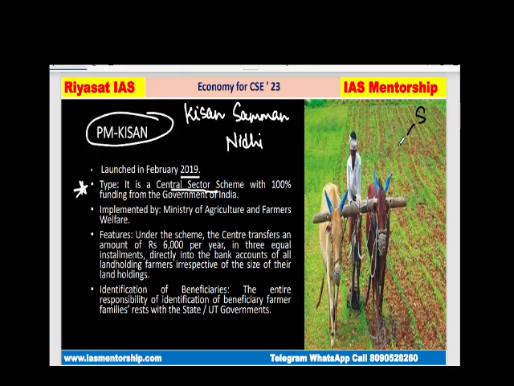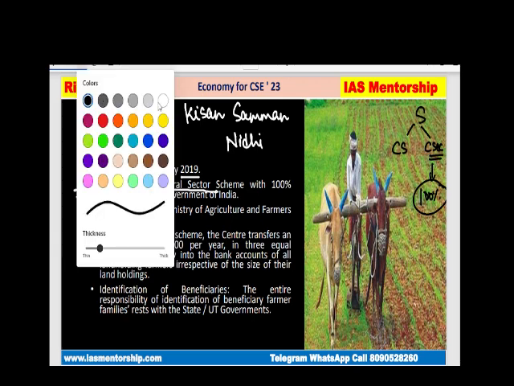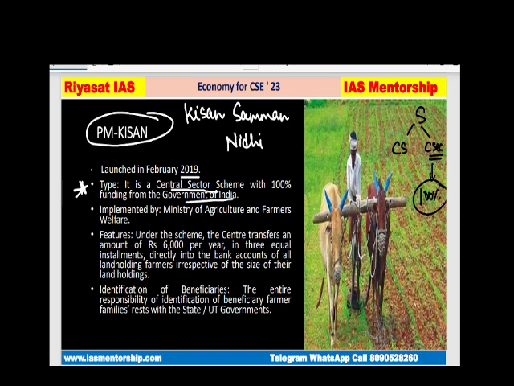Basically there are two types of scheme. One is centrally sponsored and second is central sector scheme. So in central sector 100% funding is given by the Government of India, national level, central level. The center pays the 100% amount of whatever is needed for the purpose of implementation.